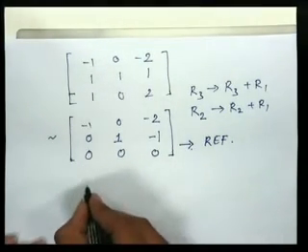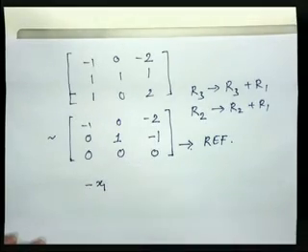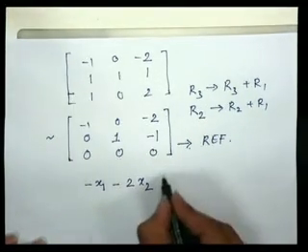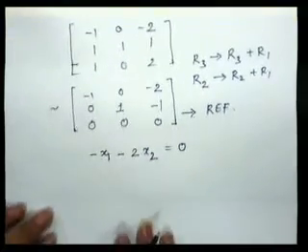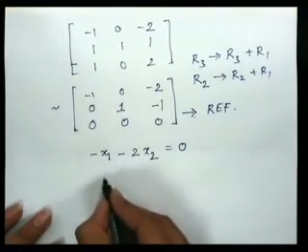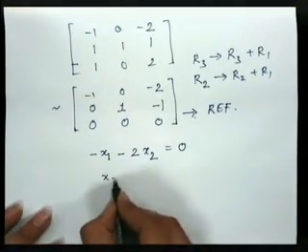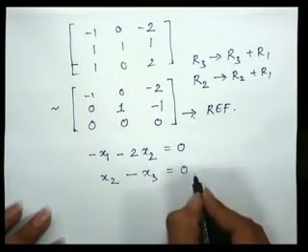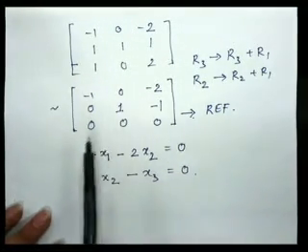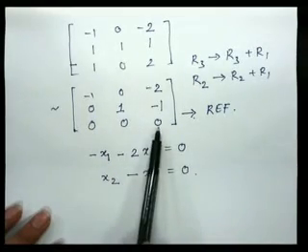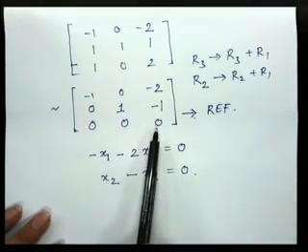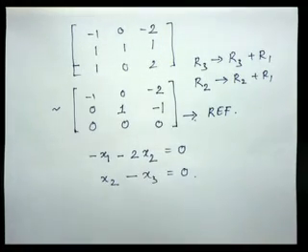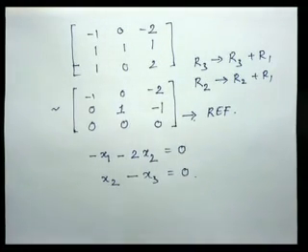Therefore we have two equations: minus x1 minus 2 times x2 is equal to 0, and the second equation is x2 minus x3 is equal to 0. You can see here there is no pivot element in the third column. Therefore this is called a non-pivot column, and the variable corresponding to a non-pivot column is the free variable.